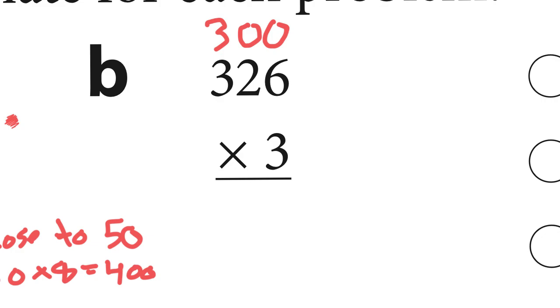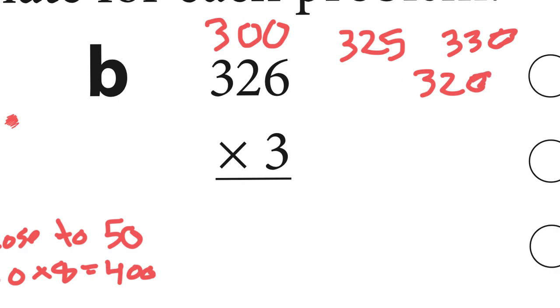Do you have the brain power to do 325 in your head? Think about what that might look like. Maybe you would prefer 330, or maybe you want to round it to 320. Whatever you are most comfortable doing in your head, choose one of those.